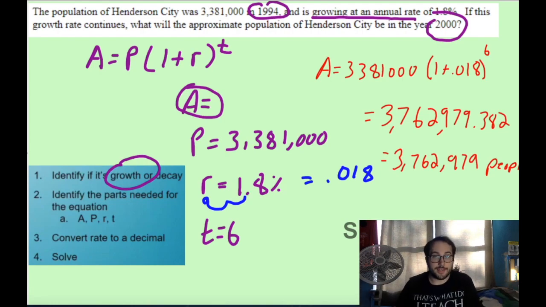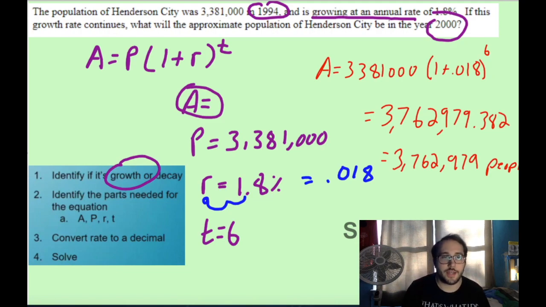Yeah, the answer is yes. Now, if you got an answer that said like 2 million people after 6 years, that should be a red flag, because the question says it's a growing annual rate. So we would expect our answer to be bigger than the initial amount. For a lot of these questions, ask yourself, does my answer make sense?